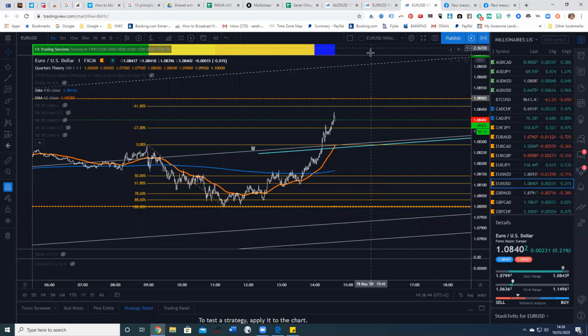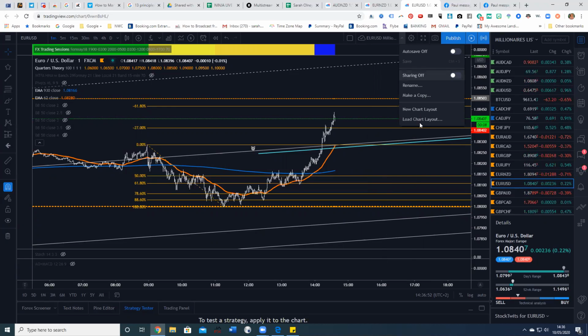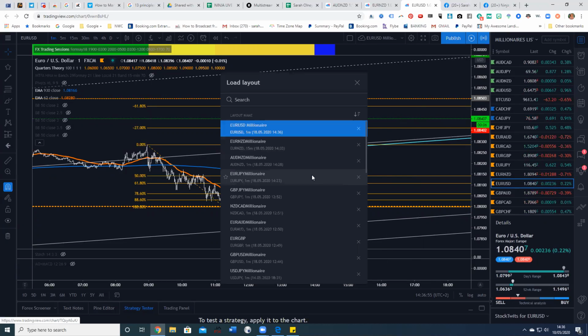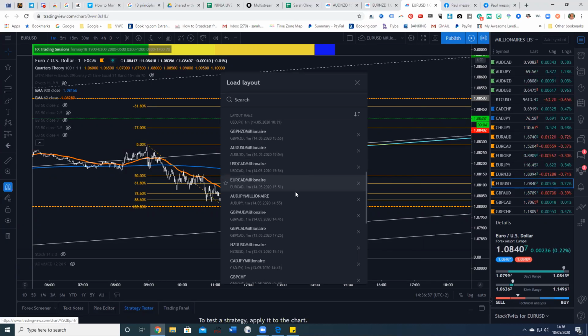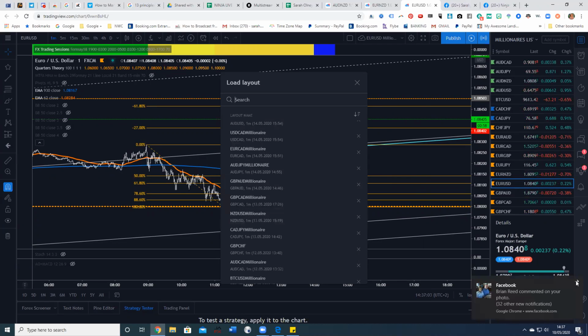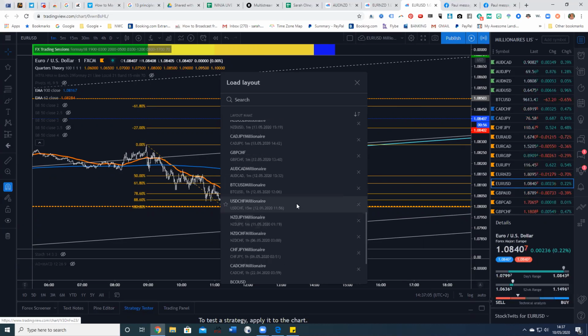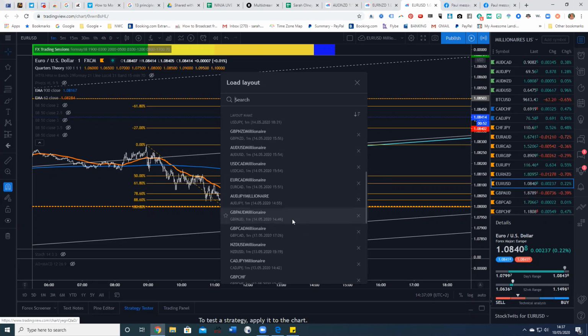So that's Euro USD. If anyone's got any questions, do ask. Let's have a look at the time. I'm not going to do USD. I'm not going to do the Canadian ones. I don't tend to trade those very much.